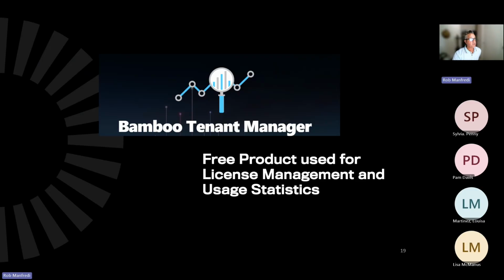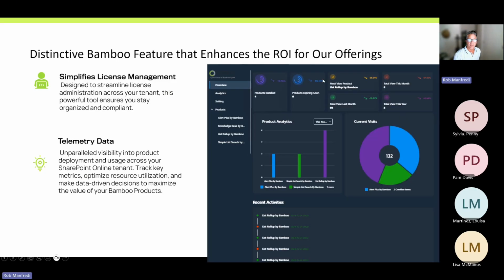One of the nice things with our products is this free product, Bamboo Tenant Manager, is needed to license your product. So even if you've got simple search on, let's say, 50 pages, you don't have to license each one of them. You'll license it through Bamboo Tenant Manager, so you have just a single source to put your license key in. The other nice thing about Bamboo Tenant Manager is it collects telemetry about where your products are installed and how often they're being accessed.